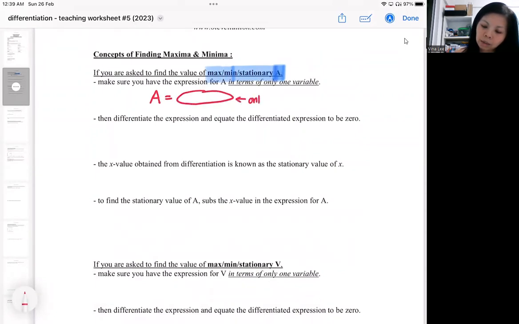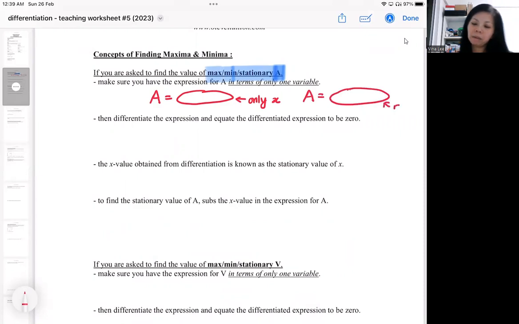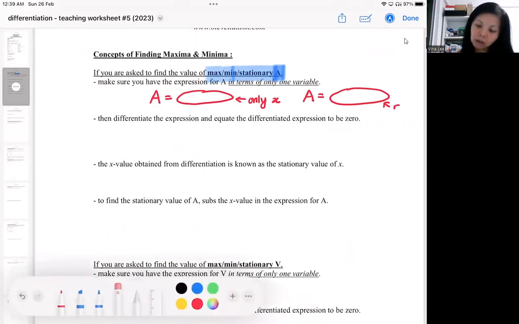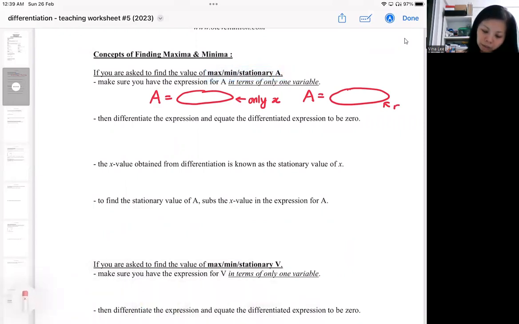That means it must only be x, or it can be in terms of r, doesn't matter. But you cannot have x and r together. You must have A as a formula in terms of one variable. One variable means only x or only r. So you cannot have x and y. Okay, so you must make sure you have such a formula first.